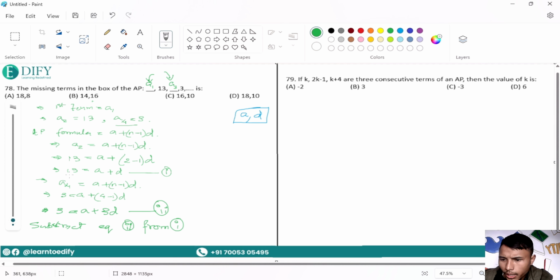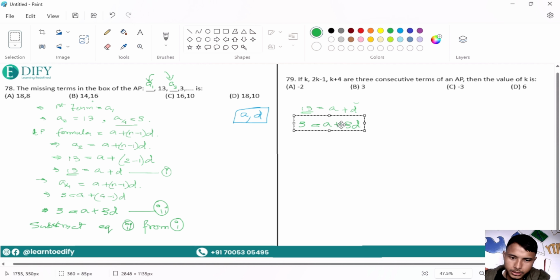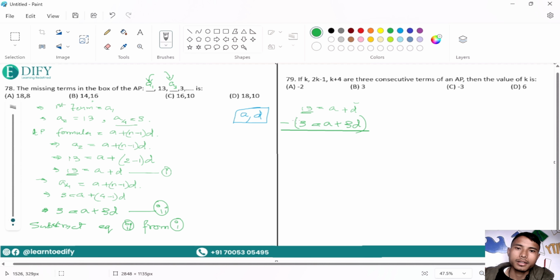Why? You have to look at these values: 13 and 3. So 13 minus 3 is better than 3 minus 13. So we arrange the equations this way. When we subtract, we put brackets and then this negative sign outside the bracket.